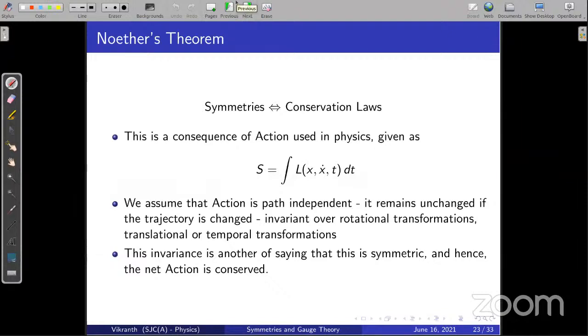Now, all of you are already familiar with something called Noether's theorem. If you've heard about it, it says that whenever you have some sort of symmetry, there is again some sort of conservation happening.